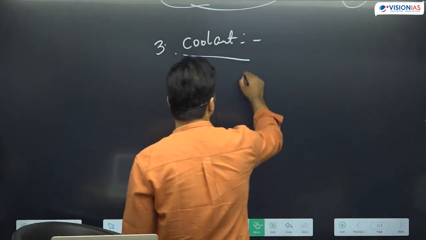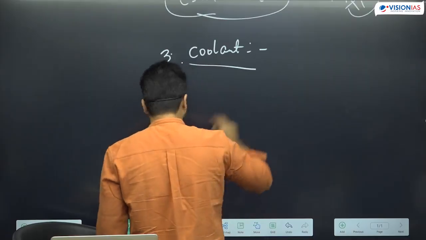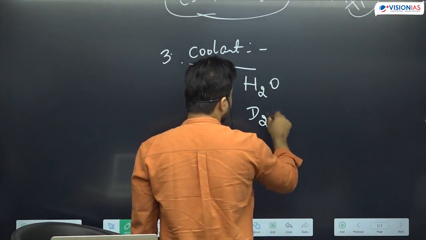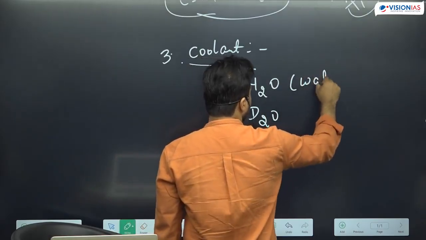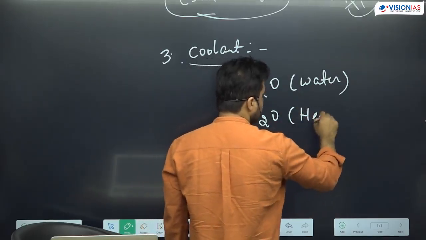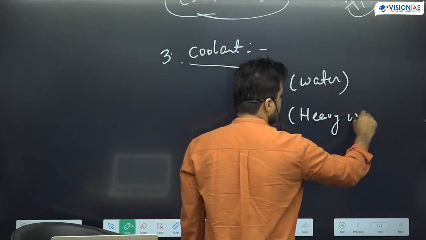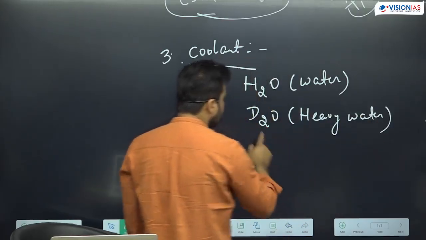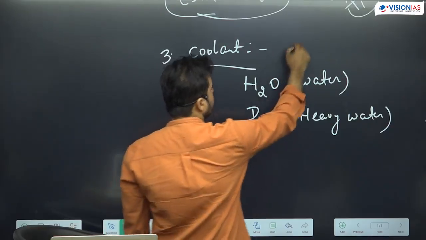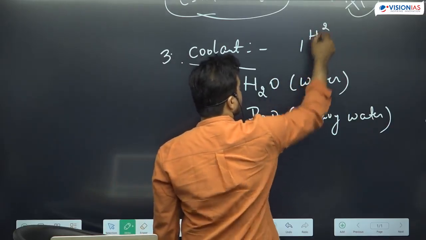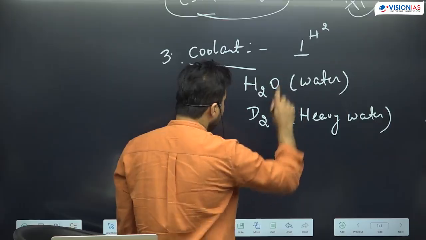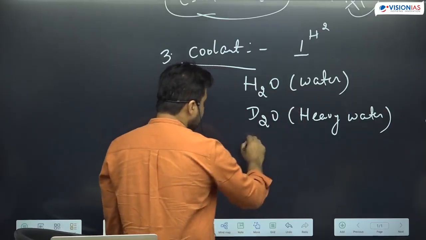So coolants can be H2O, water. In some cases we can also use D2O. H2O is water, D2O is heavy water. We call it heavy water because this deuterium, ये जो element है, it is nothing but one H2. So it has one proton, one electron, but now one neutron also, hence one H2. It can be a gas also.